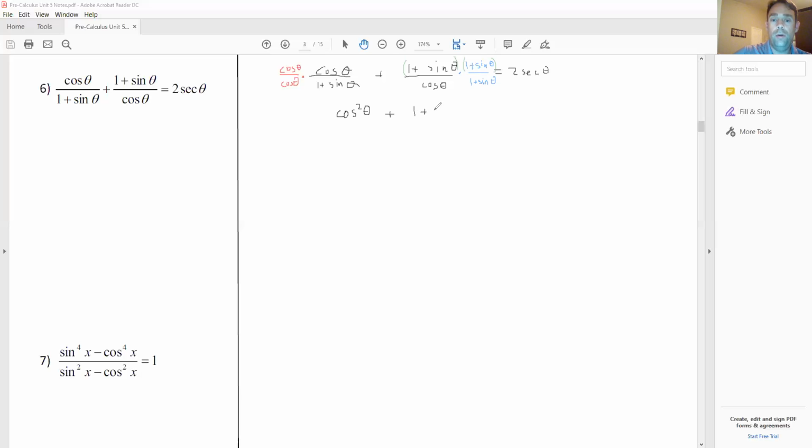That's 1 plus 2 sine theta plus sine squared theta. And everything is going to be over cosine theta times 1 plus sine theta.